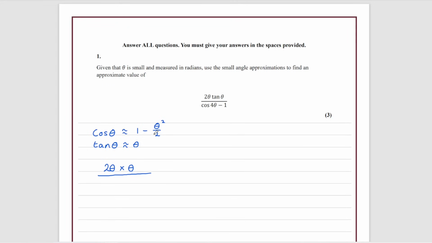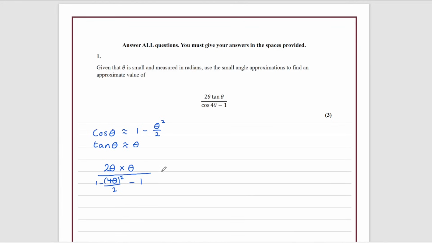So now it's 1 minus 4 theta all squared over 2. And then we've got the minus 1 there at the very end.